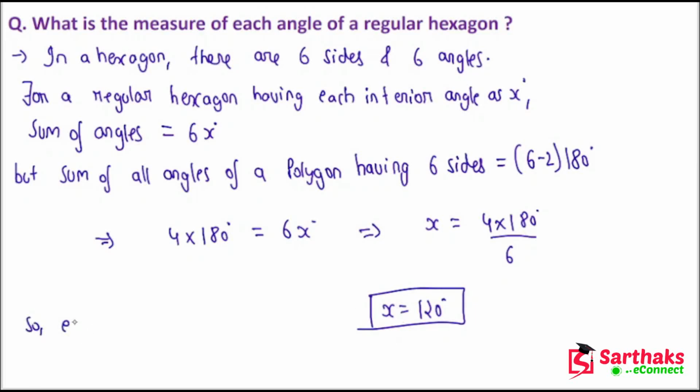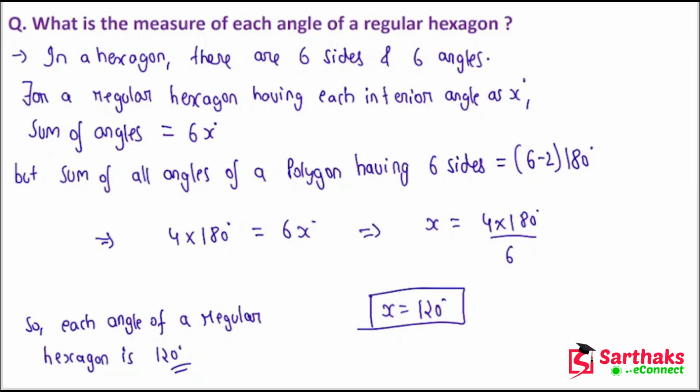So each angle of a regular hexagon is 120 degree. So that was the measure of each angle of a regular hexagon, right?